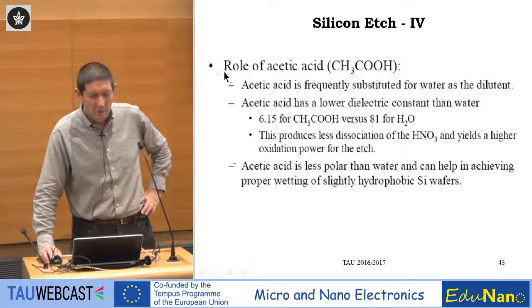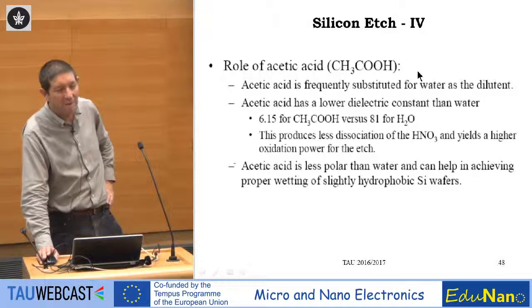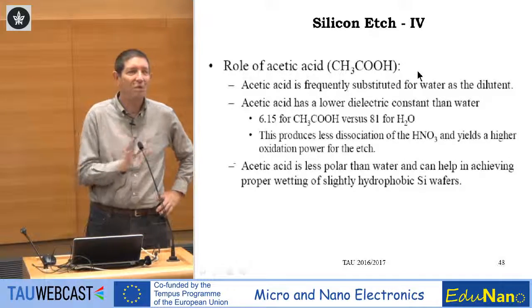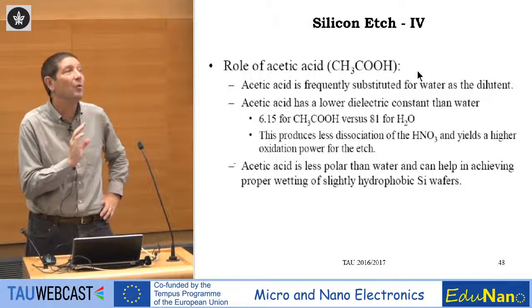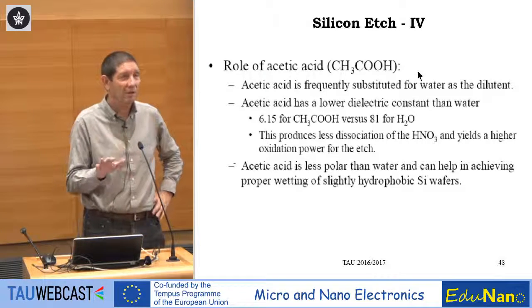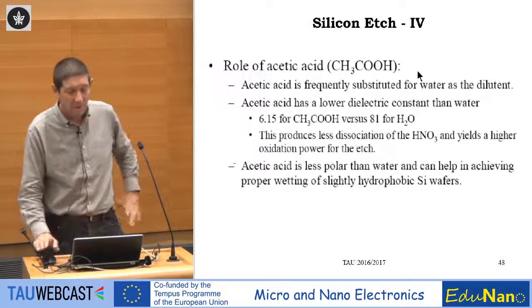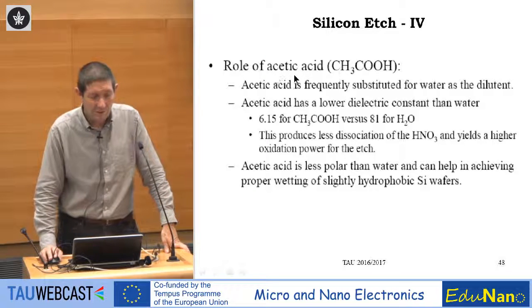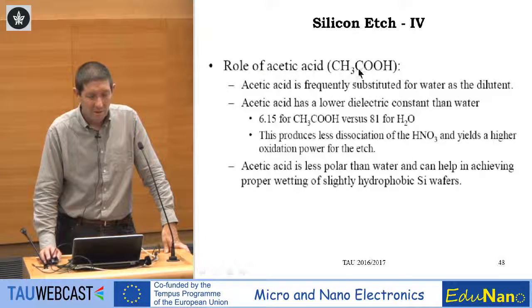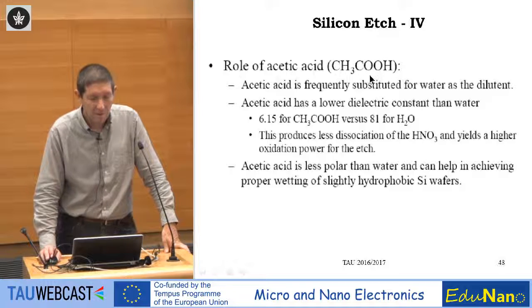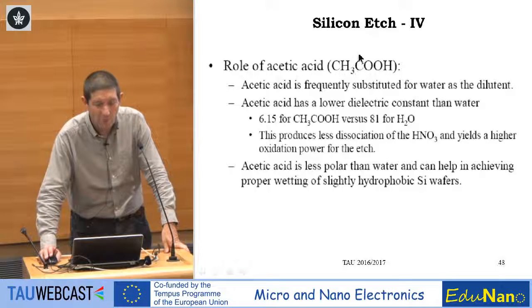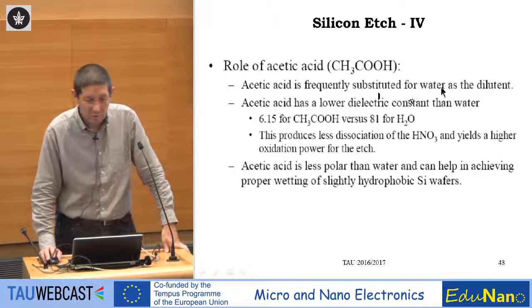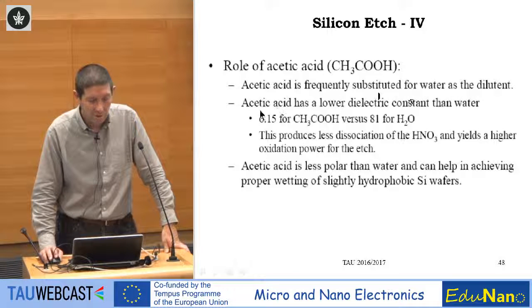But let me give you a little bit of the role of acetic acid, which is very important. In many of the etchants in semiconductors, we put some organic acids. In this case, it's acetic acid. If you're not familiar with chemistry, acetic acid is CH3COOH. COOH is a component typical to organic acids. Acetic acid is frequently substituted for water as the diluent.